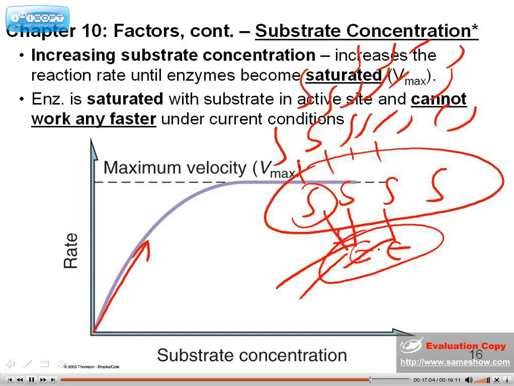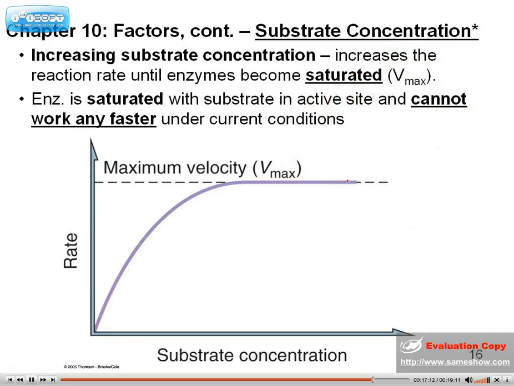So there is an upper limit to how fast enzymes can turn over substrates, and once you reach the upper limit and they cannot work any faster because you have too many substrates, you say the enzyme is saturated.